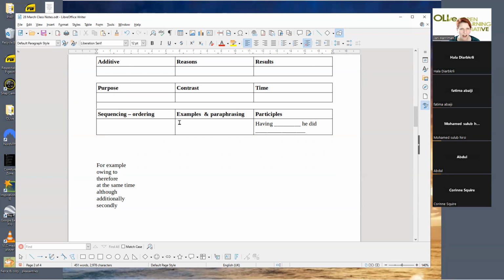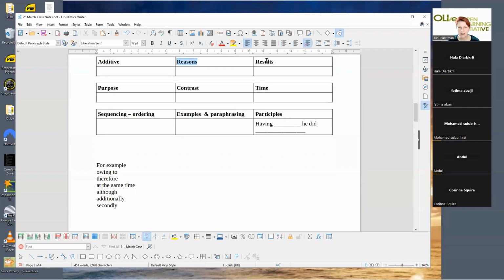So here we go. We've got additives, so you're adding information. You're giving a reason, or expressing results, or the purpose of something, the why of something. Or maybe you're contrasting something rather than adding information. You're saying this as opposed to that, different from.